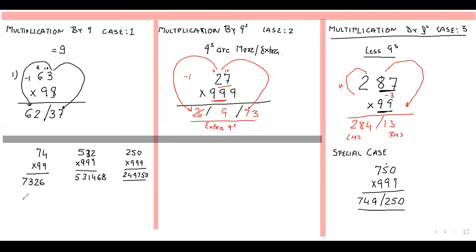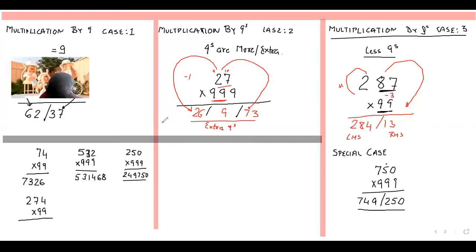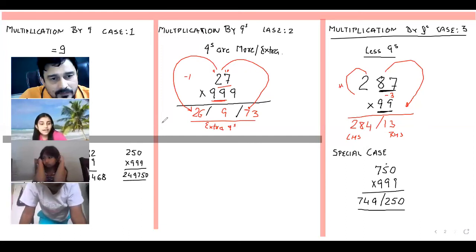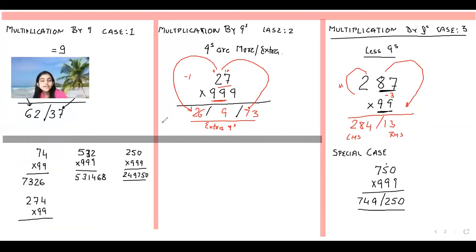Okay, so the next question is 2727 into 99. No, that's not correct. It's 272. No. 271.